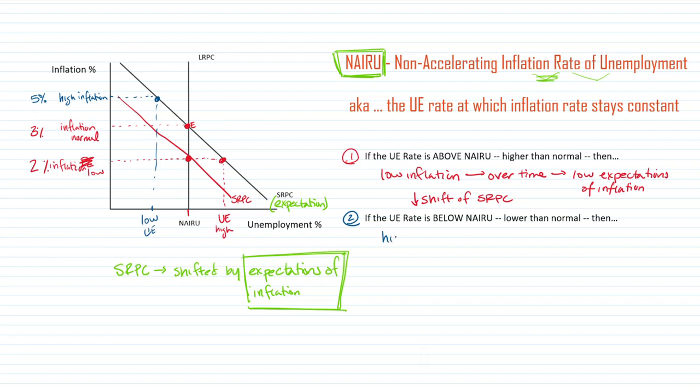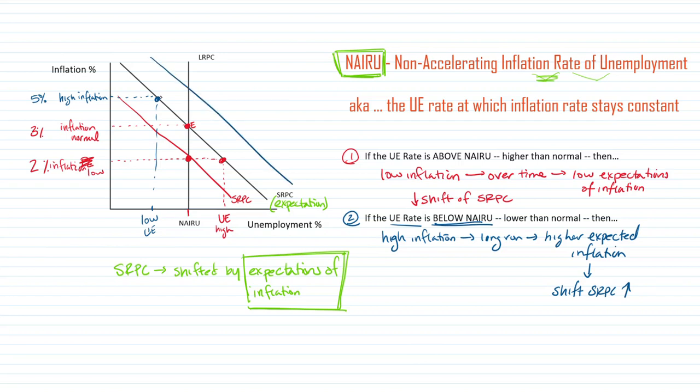So an unemployment rate below NAIRU leads to high inflation. And high inflation will, in the long run, lead to higher expected inflation. And higher expected inflation will shift the SRPC up to a higher expected relationship. So if I shift my SRPC up, I see that that high inflation rate now corresponds back to NAIRU, back to the non-accelerating rate of inflation.